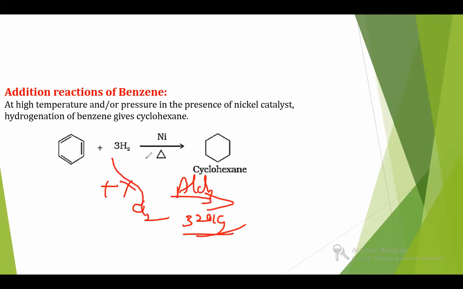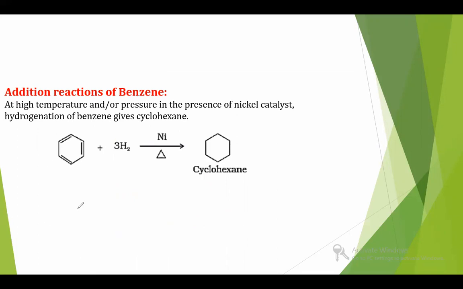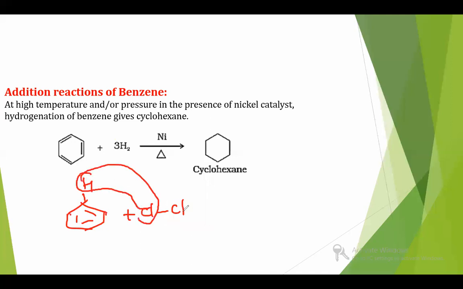So for this benzene, C6H6, treated with a halogen like Cl2, a hydrogen will be replaced, and the hydrogen combines with chlorine to form HCl.